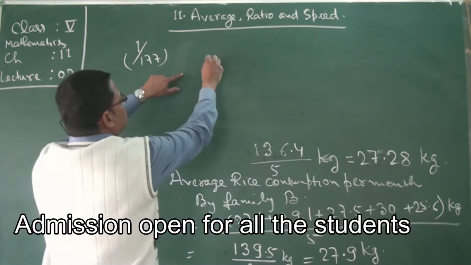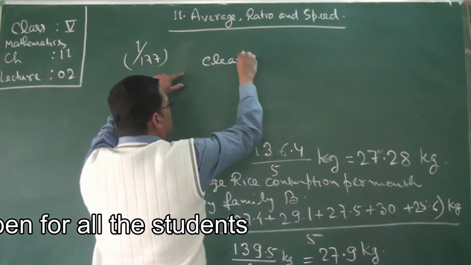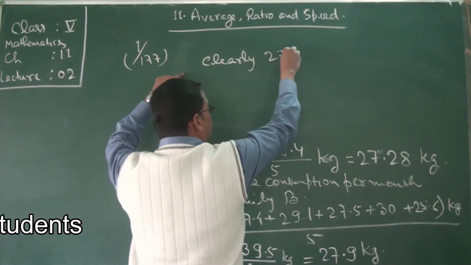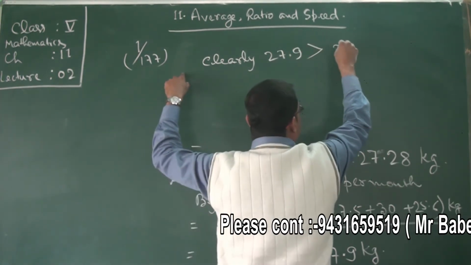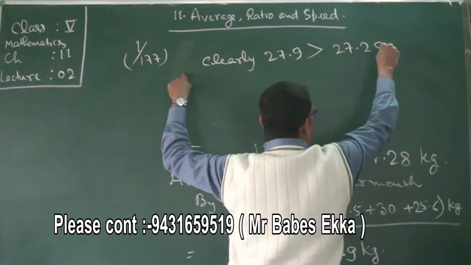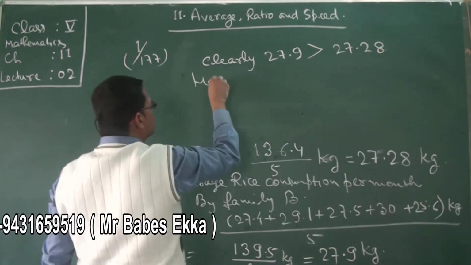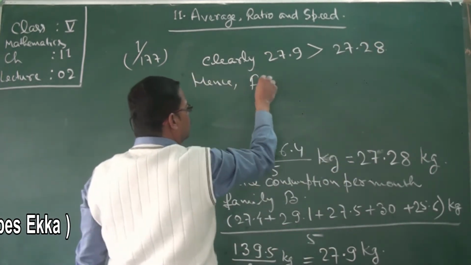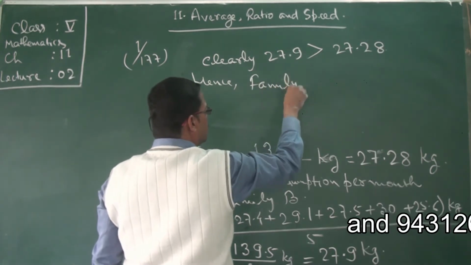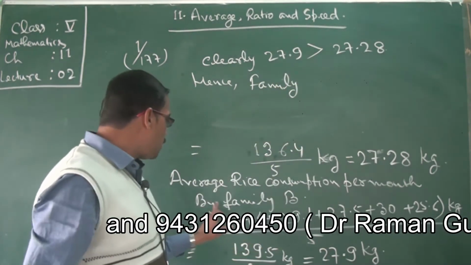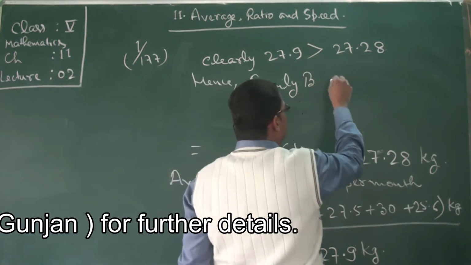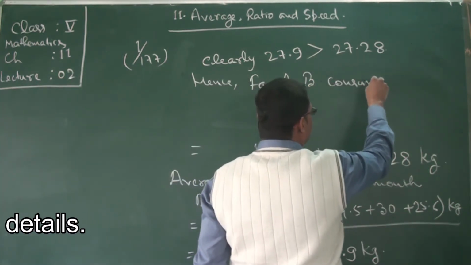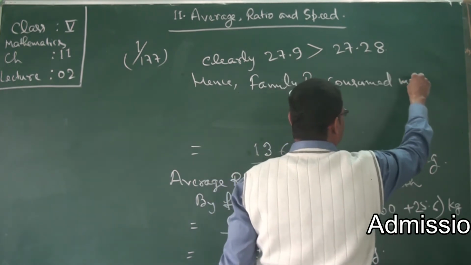Clearly 27.9 is greater than 27.28, hence family B. Of course, this belongs to family B, so family B consumed more rice.